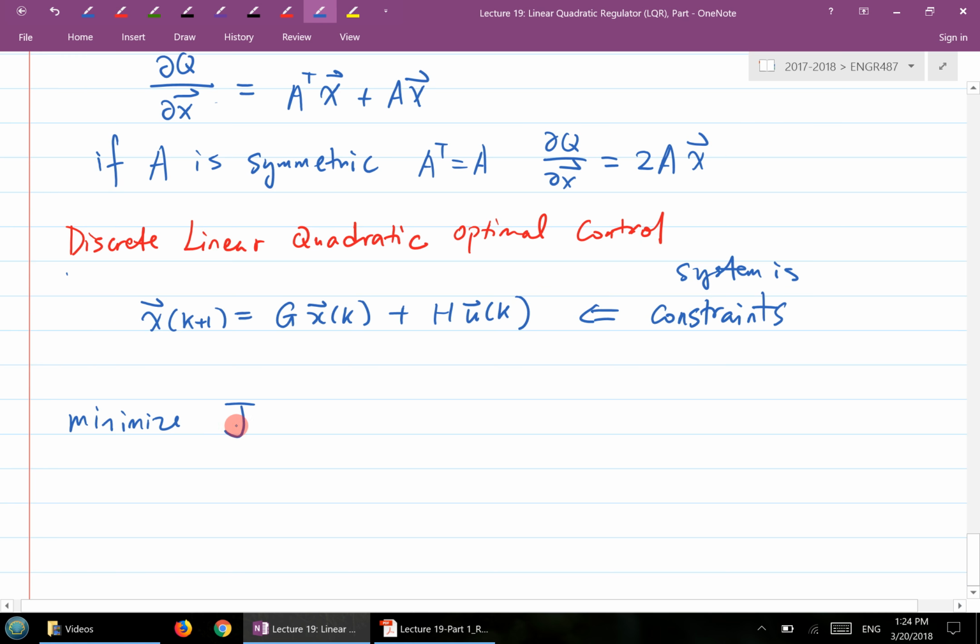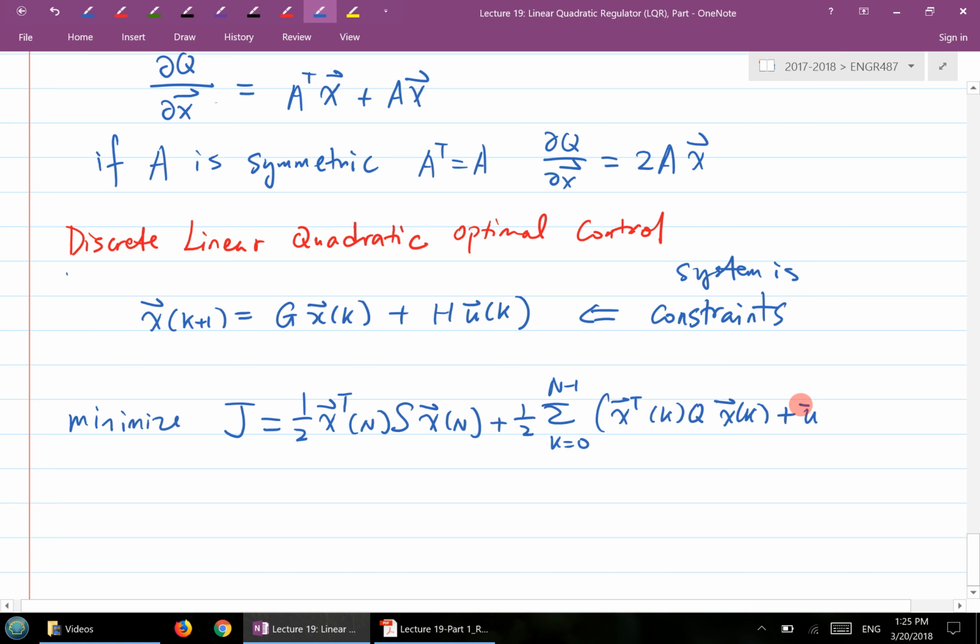I'm going to call it J. So J equals 1/2 x transpose N S x of N, plus 1/2 sum from k equals 0 to N minus 1 of x transpose k Q x of k plus u transpose k R u of k.